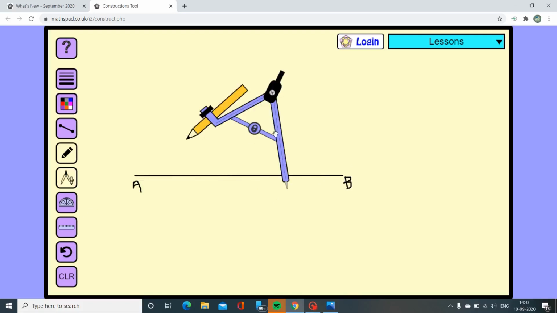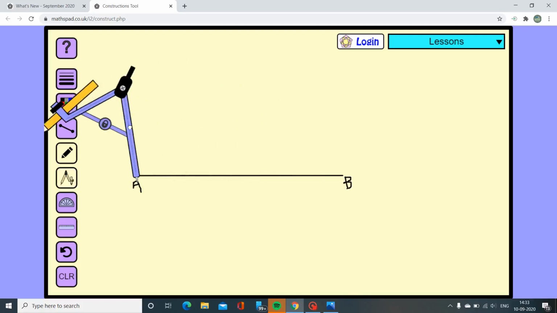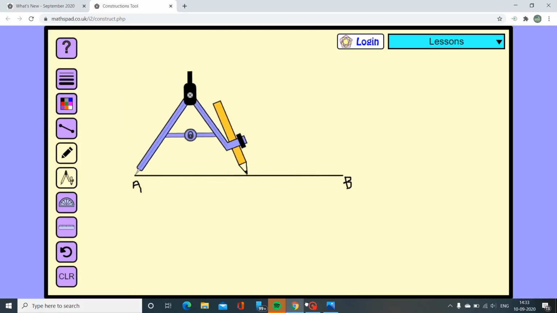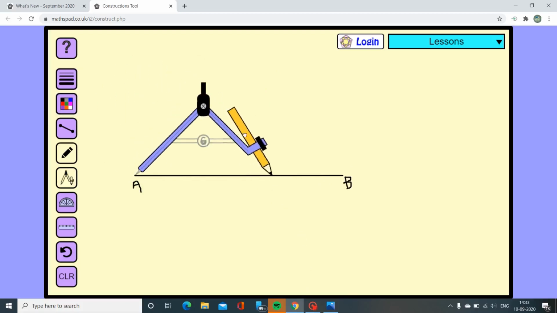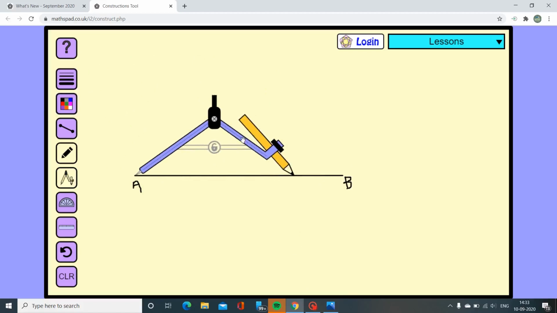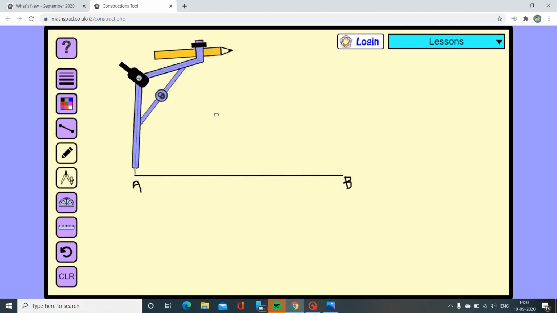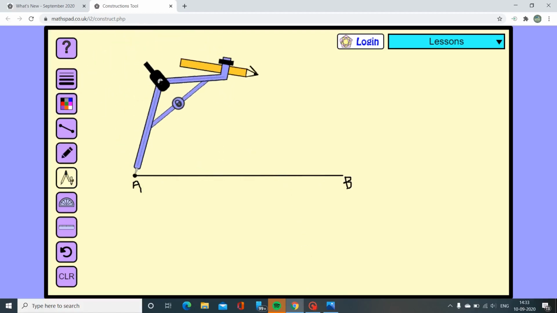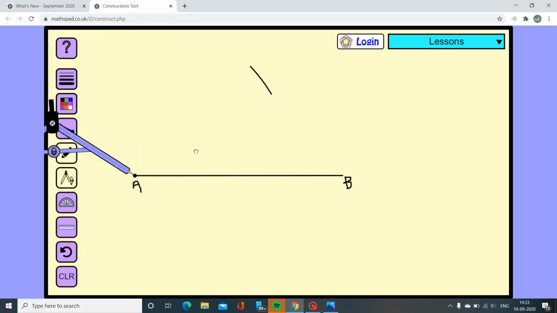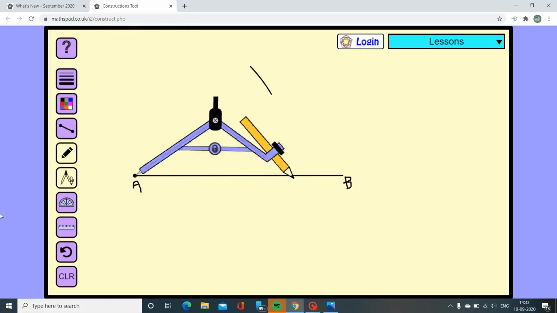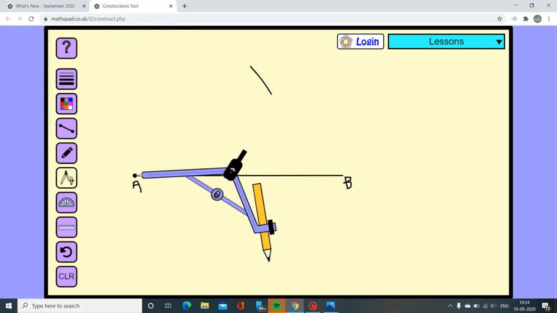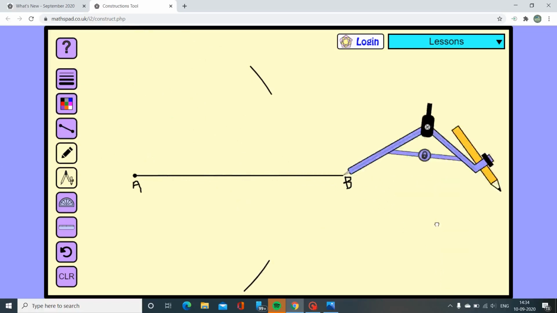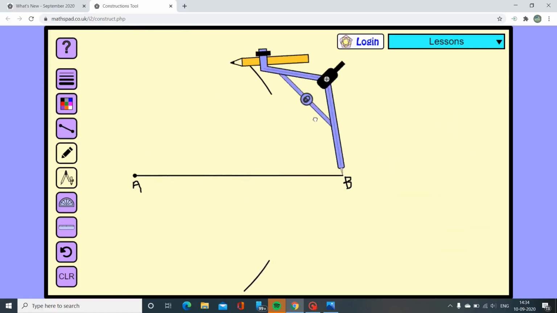Take your compass. Keep your compass at the point A. Measure more than half of the length. Cut an arc above and below the line. With the same measurement from the point B, do the same.